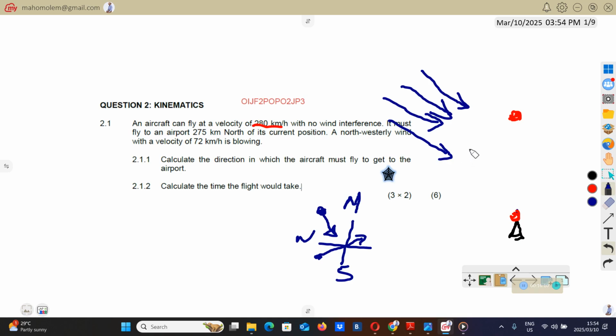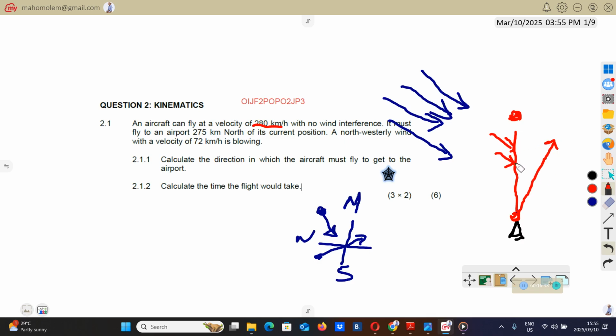So now, if the pilot of this set this thing to move vertically straight, this wind is going to push it in this direction. Then this airplane will end up moving like this, because of this wind, which is going to change the direction of this.